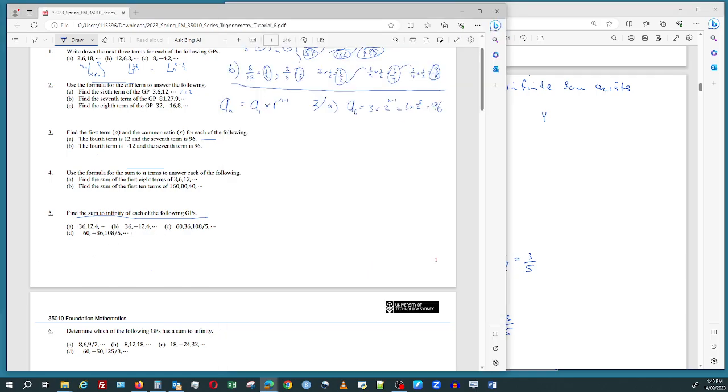Find the sum to infinity. So what we have to be aware of with our sum to infinity is whether or not the limit of the sum exists. Okay, so that's what we have to be aware of. So we're checking the absolute value.